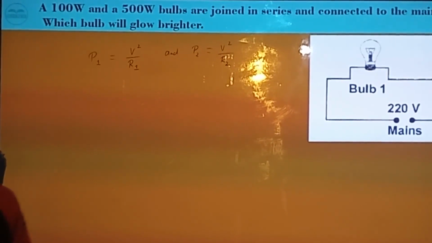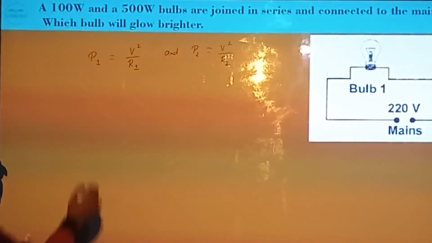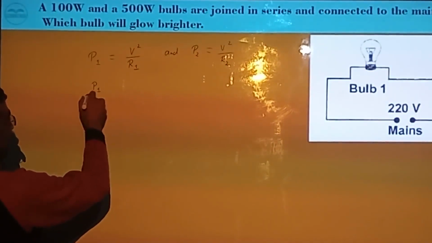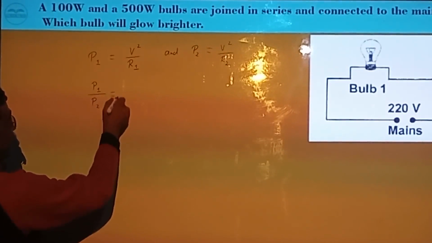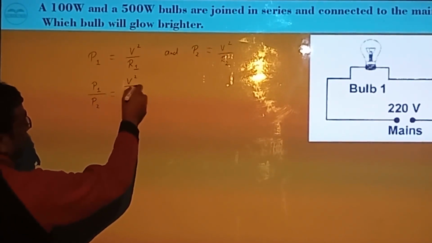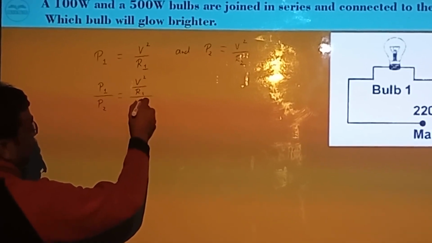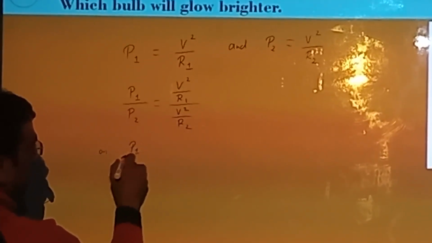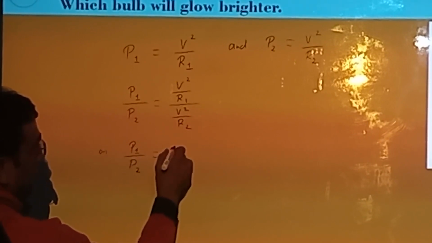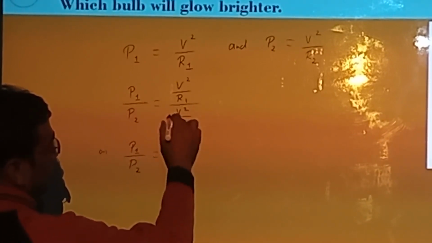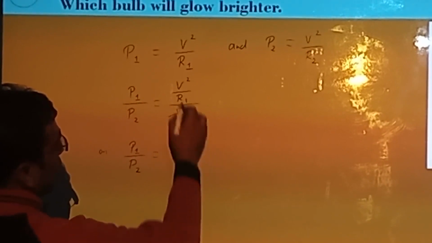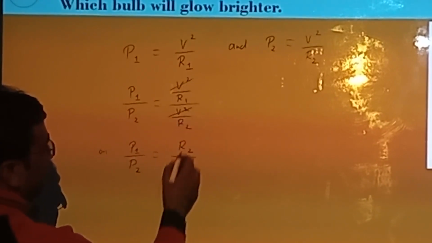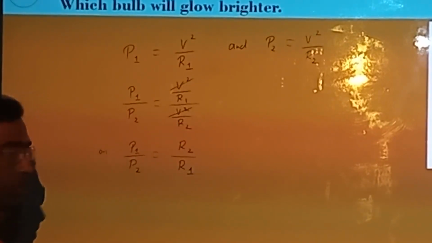By comparing the power of the valves, P1 upon P2 equals R2 upon R1, after cancelling V square.